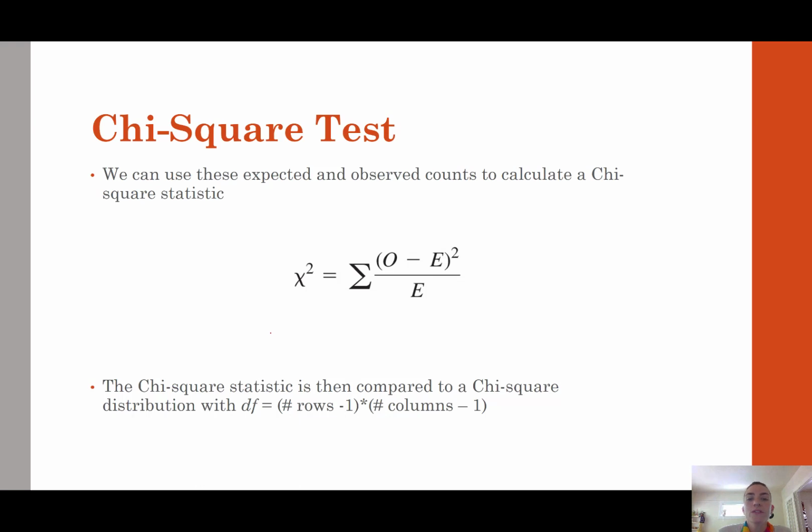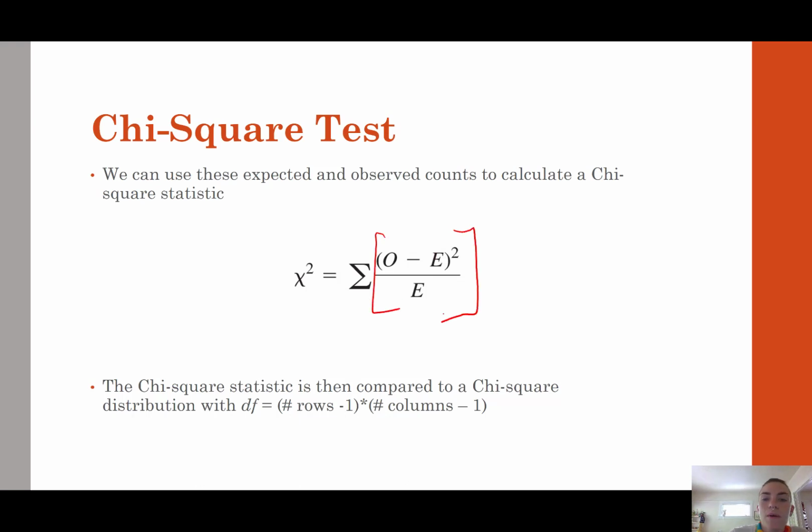So we will use these observed and expected counts, O and E, to calculate a chi-square value. So chi is a Greek symbol that looks kind of like a fancy X. So the statistic is chi squared. And we calculate it as the sum of this whole thing here.